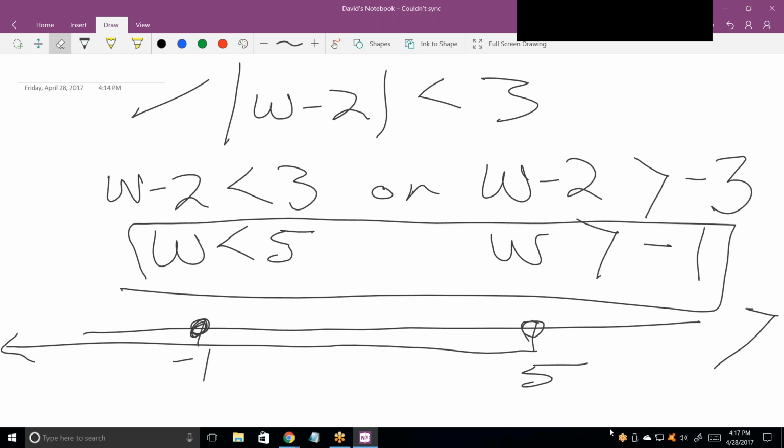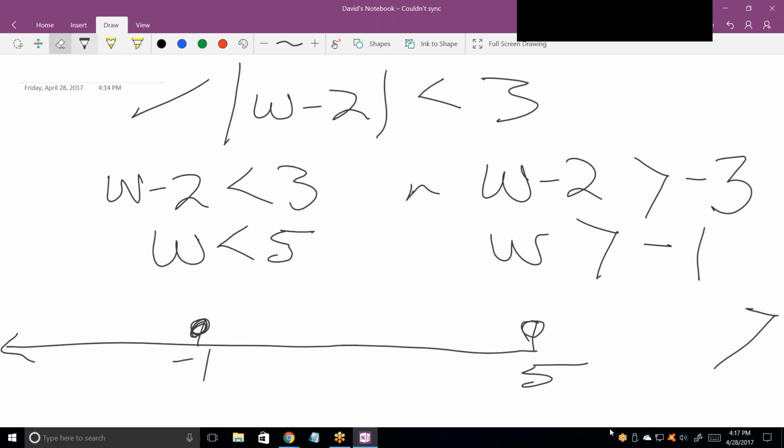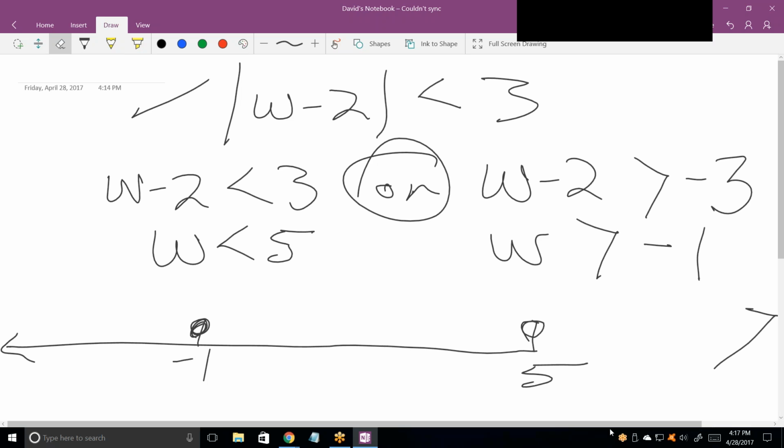So with or, you only do the space in between? Yes. Okay. And when you have an absolute value inequality, it's always an or. It's never an and. For you to get an and, they would almost have to spell it out.